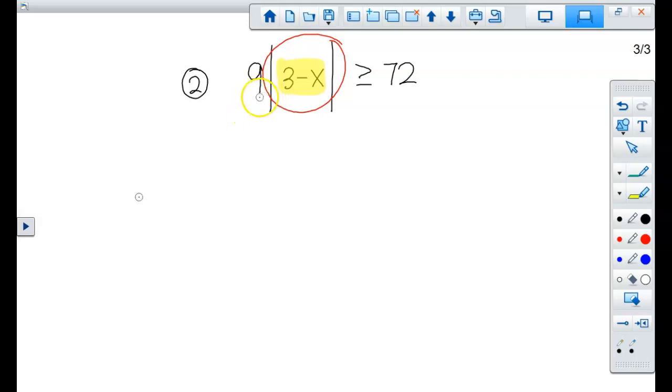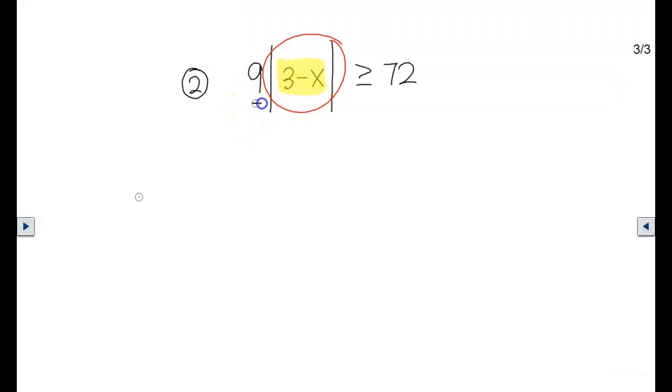So how do I get rid of this 9? Well, since this is 9 times the absolute value, I would divide both sides by 9 to get rid of it. That would give me the absolute value of 3 minus x is greater than or equal to 8. And now that I have that absolute value isolated, now I can do my two cases.